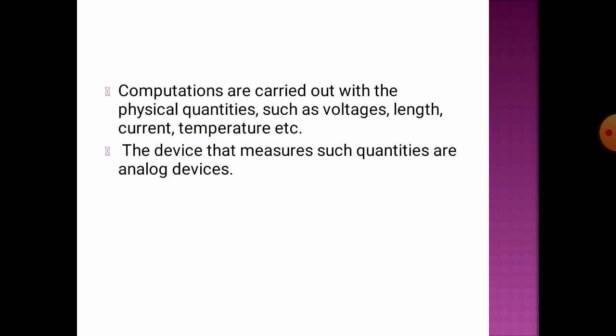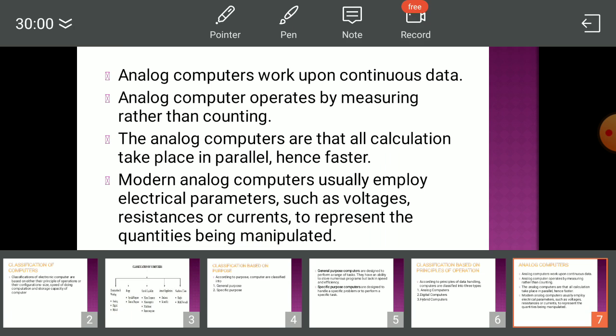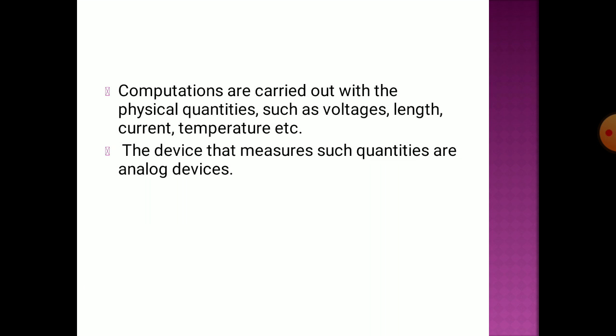The height is not exactly 5 feet, 6 feet, 7 feet; it is in a format like 5.1, 5.4, 5.3. So the measurement quantities all come in the format of analog computers. The devices that measure such quantities are all analog devices. So this is about analog computers.